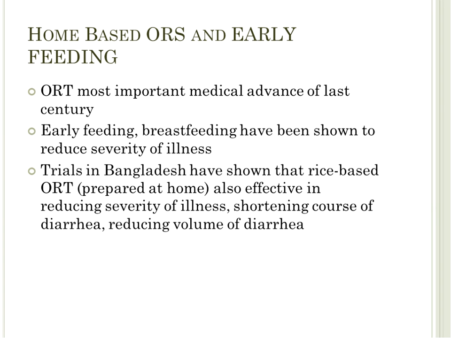And trials in Bangladesh have shown that rice-based ORT, which can be prepared at home by just boiling rice and removing the liquid on top and feeding it to children or those that have cholera, have been extremely effective in reducing the severity of illness, shortening the course of diarrhea and reducing the volume of diarrhea. And this is important, again, in areas where individuals are not able to access a clinic.